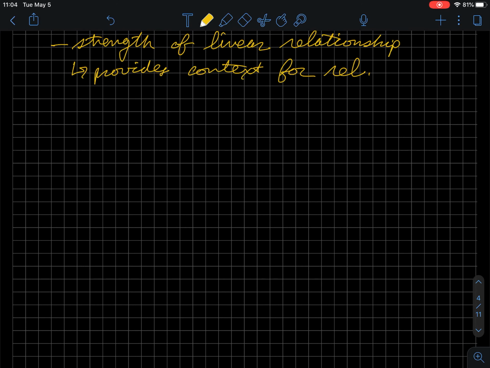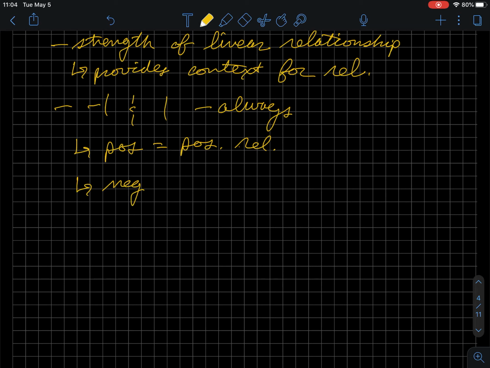So we summarize this. We know that these are bounded between -1 and 1, always. Always. If you have a correlation value of like 1.2 or -1.5, something is wrong, right? So we know that a positive value equals a positive relationship. A negative value is going to equal a negative relationship.